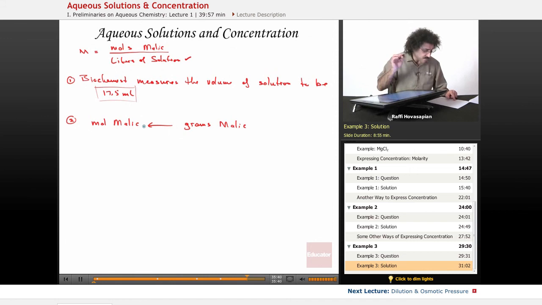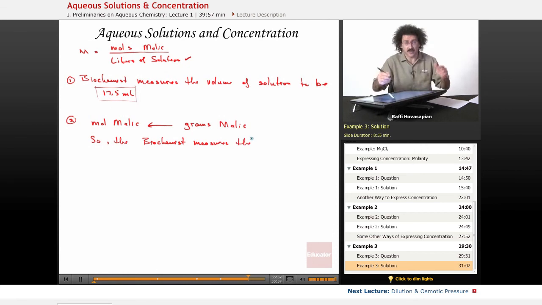Okay, so the biochemist measures the mass of the solution. He puts it on a scale and he actually measures it. Or actually, he takes a glass vial, he takes its mass, he empties the contents into that vial, and then he takes that mass, he subtracts the mass of the vial that he knows the mass of, and he has the mass of the solution.